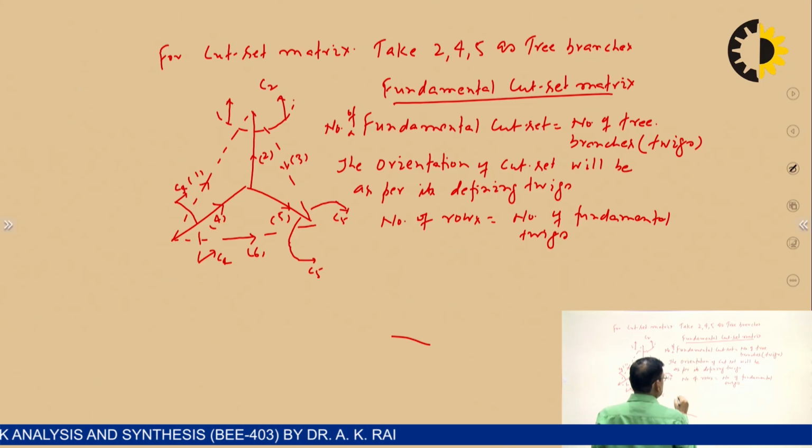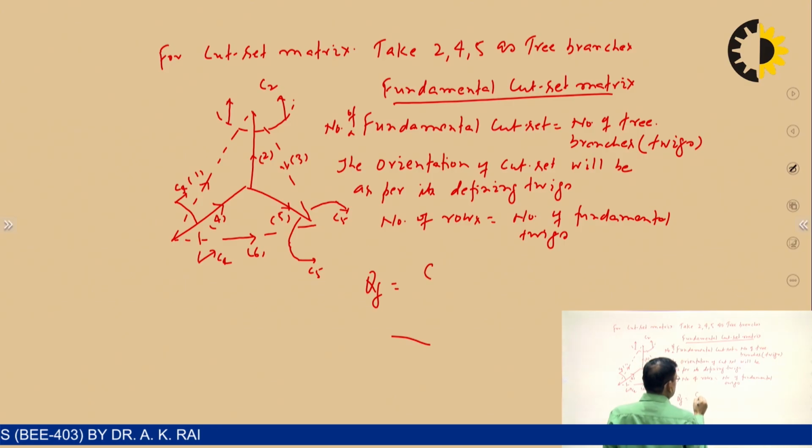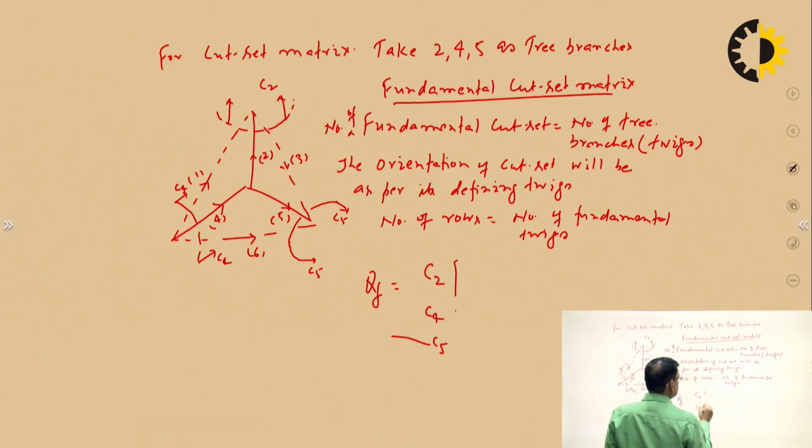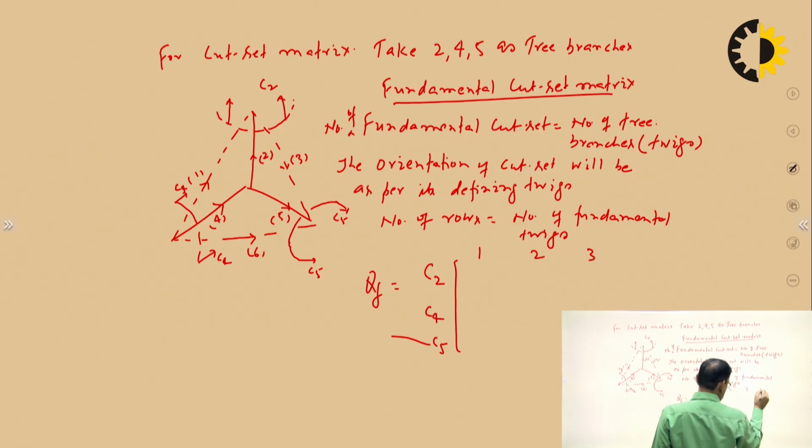So QF is, say, C2, C4 and C5. Columns will be equal to the number of branches. So say 1, 2, 3, 4, 5, 6.